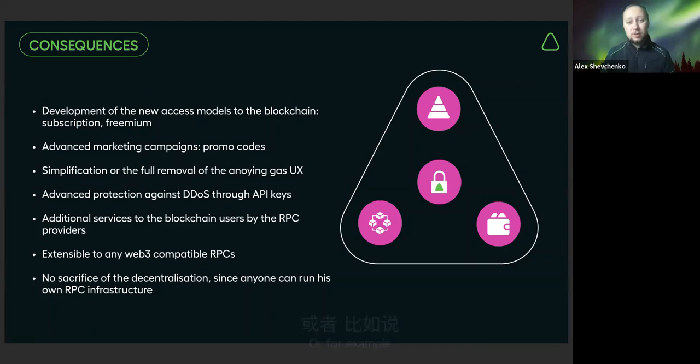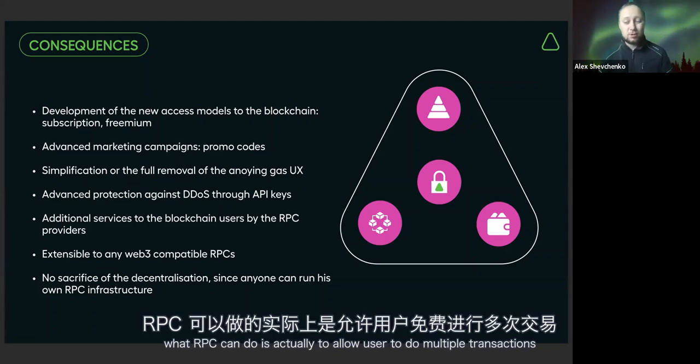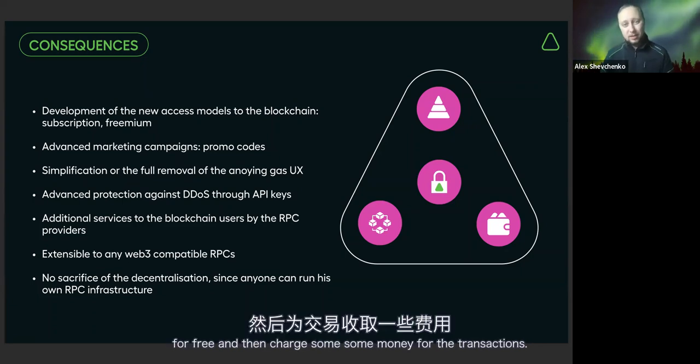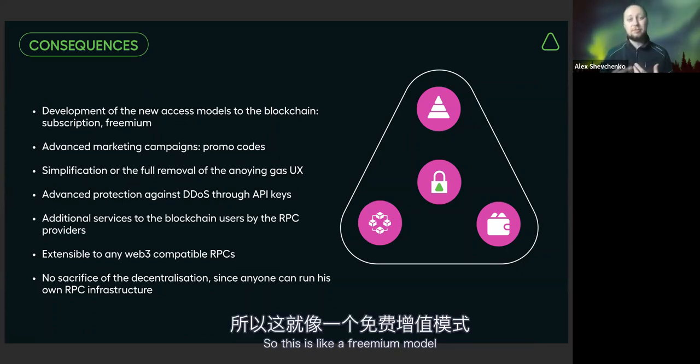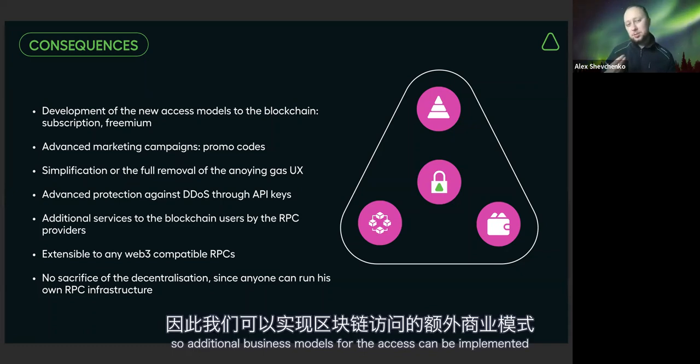Or, for example, the RPC can allow the user to do multiple transactions for free and then charge some money for the transactions. So this is like a freemium model. So additional business models for access to the blockchain can be implemented.